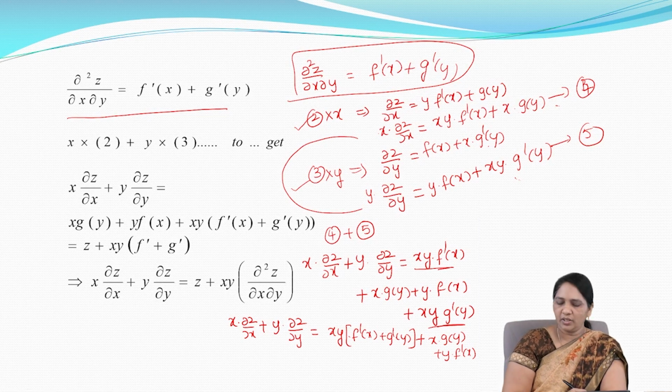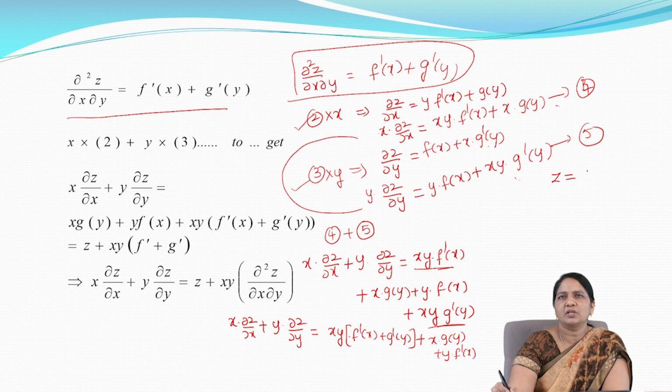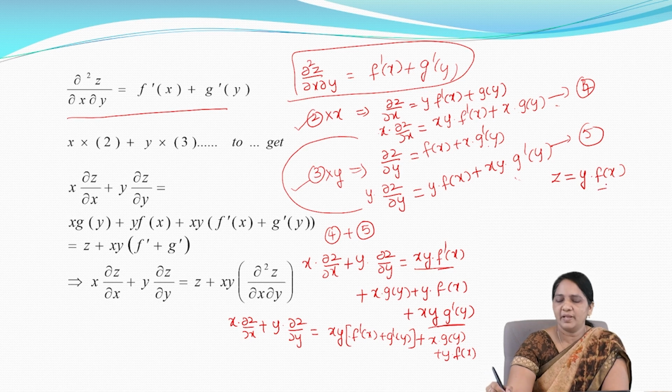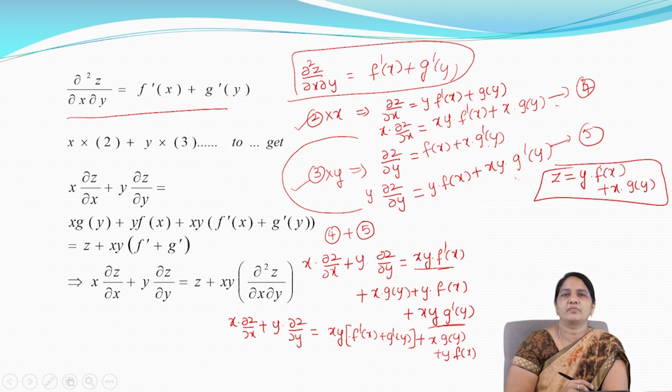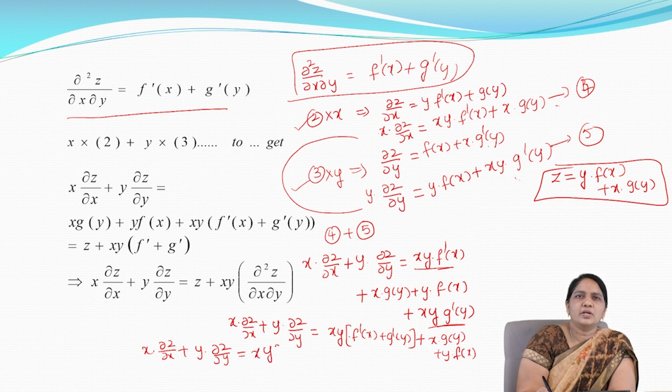So here I already know this. What is the given equation? The given equation is z = y f(x) + x g(y). So here x ∂z/∂x + y ∂z/∂y equals xy into, in this place I can read this value. What is that?